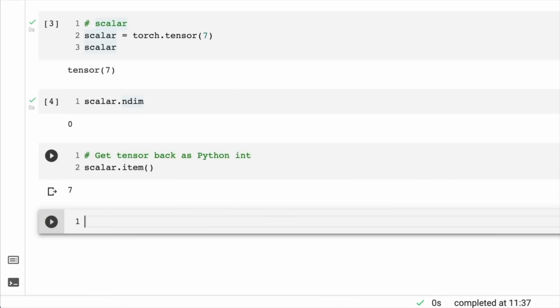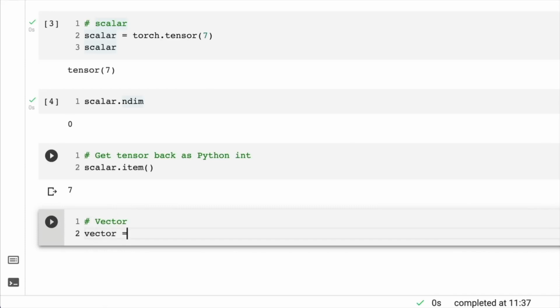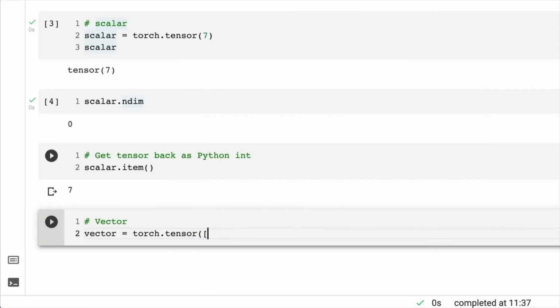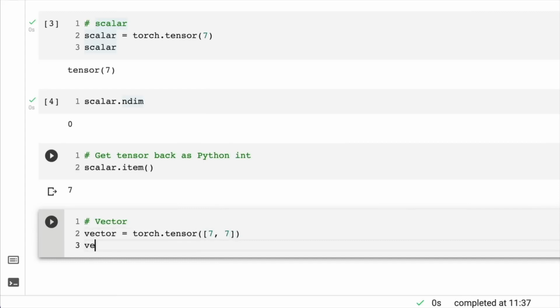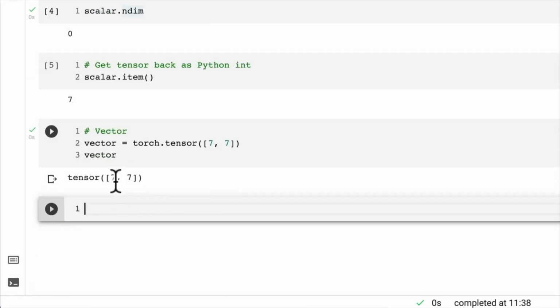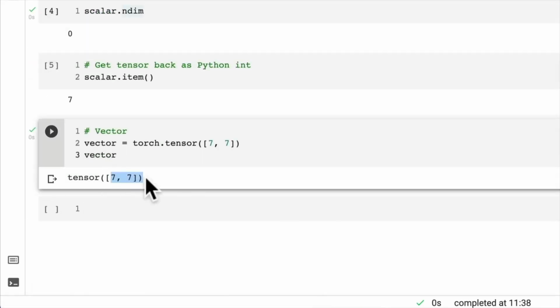Now, the next thing that we have is a vector. So let's write in here, vector, which again is going to be created with torch.tensor, but you will also hear the word vector used a lot too. Now, what is the deal? Oops, 7, 7. Google Colab's autocomplete is a bit funny. It doesn't always do the thing you want it to. So if we see a vector, we've got 2 numbers here.